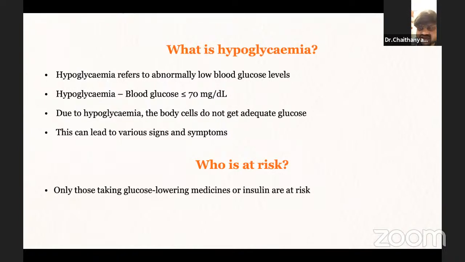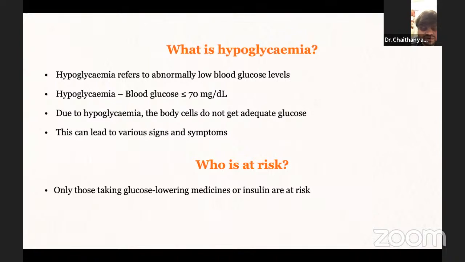Initially he was at home, he's not doing much work. When he starts going to his office, he will be walking a lot, he will be climbing the stairs up, he will be climbing down the stairs. So he will start spending more and more energy. So with the same meal, with the same dose of insulin, the patient will start having hypoglycemia.